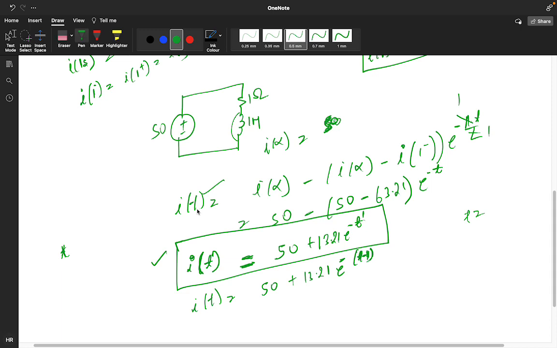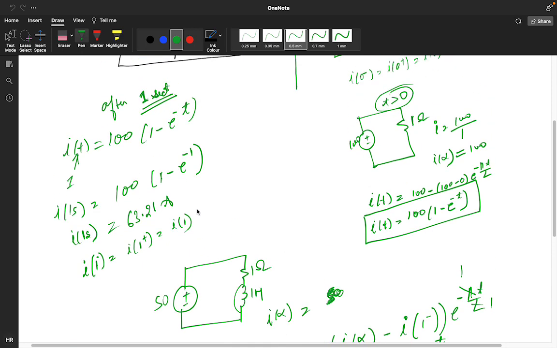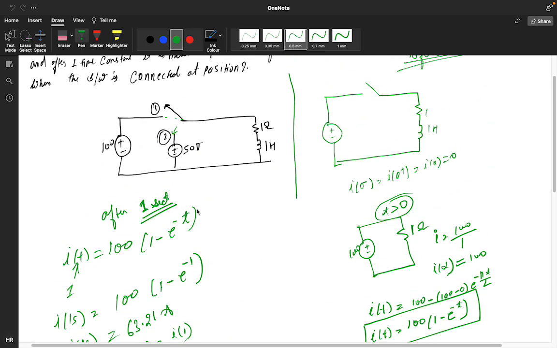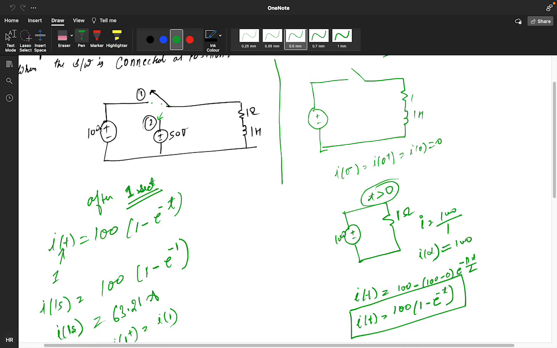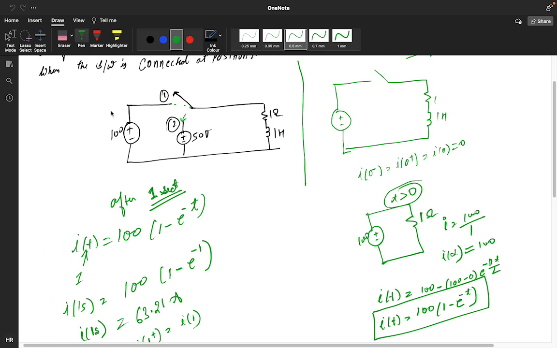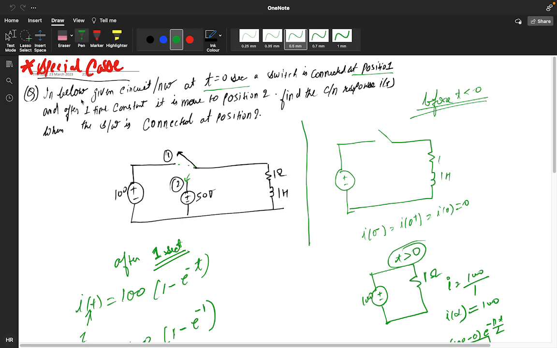Priyanka, not understood? Yes, sir. See, I will tell you once more. What they had given: in the below given circuit network at t equals 0 second, a switch is connected to position 1. Means at t equals 0 second they are connecting the switch at position 1.